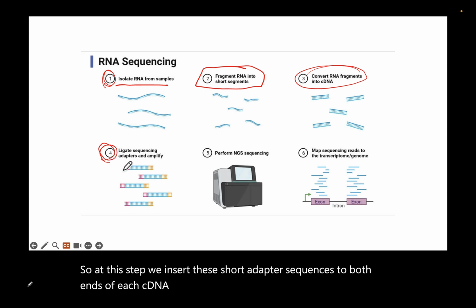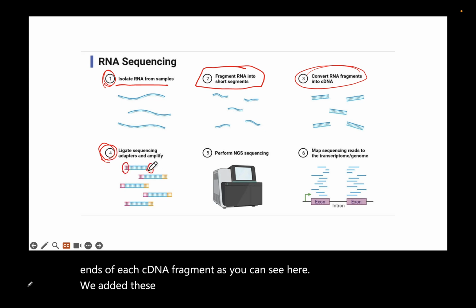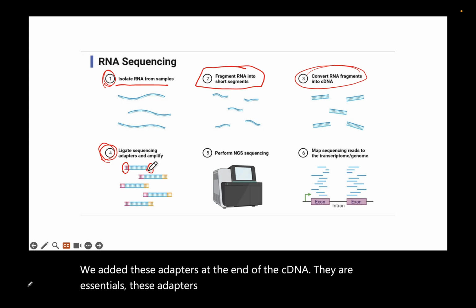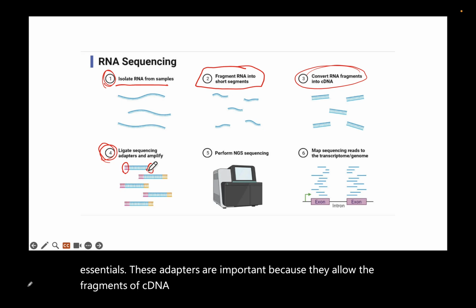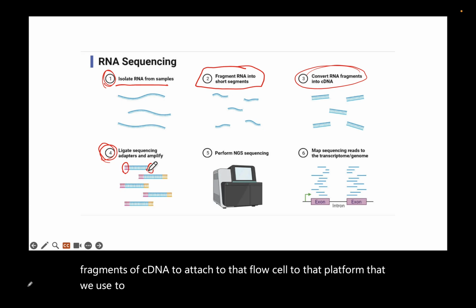As you can see here, we added these adapters at the end of the cDNA. These adapters are important because they allow the fragments of cDNA to attach to that flow cell, to that platform, which is the surface where the sequencing will occur.